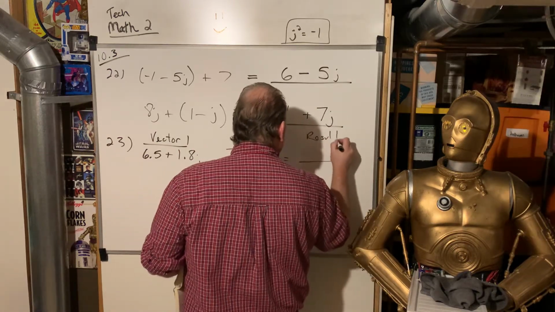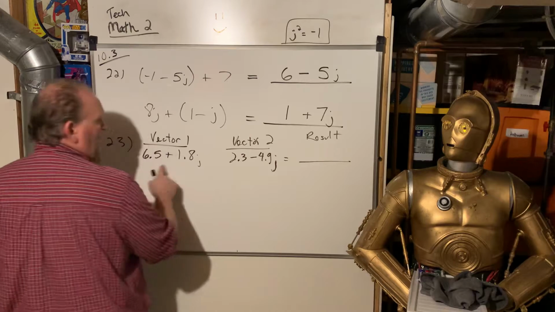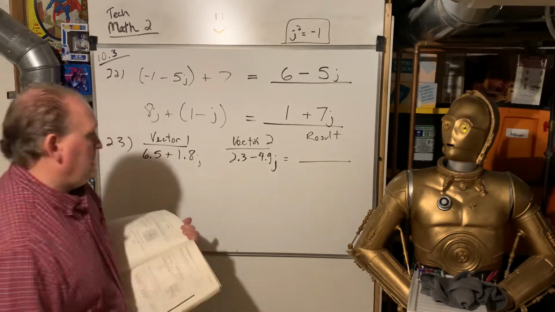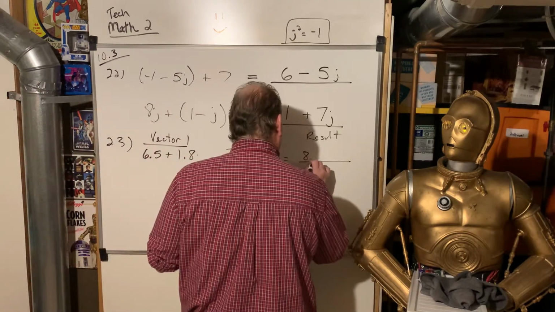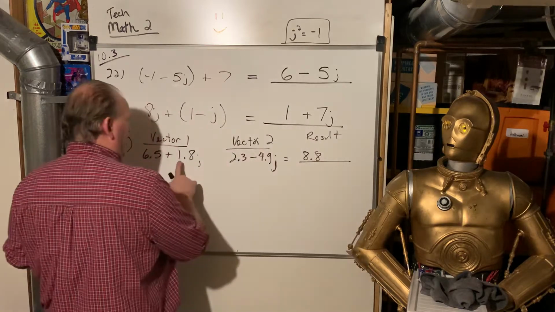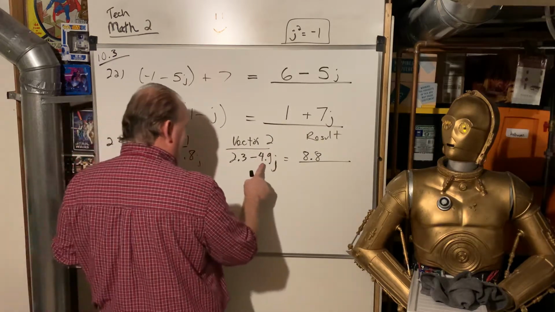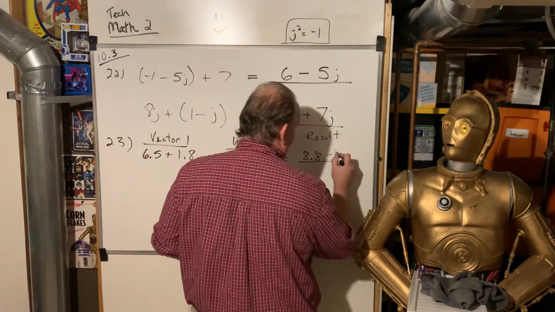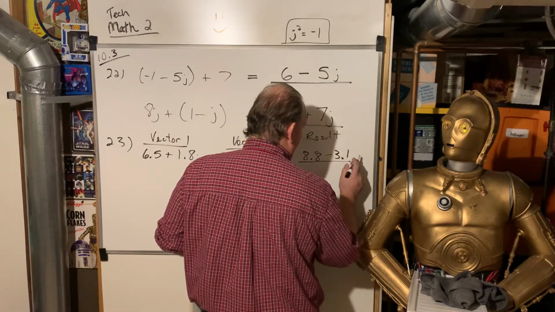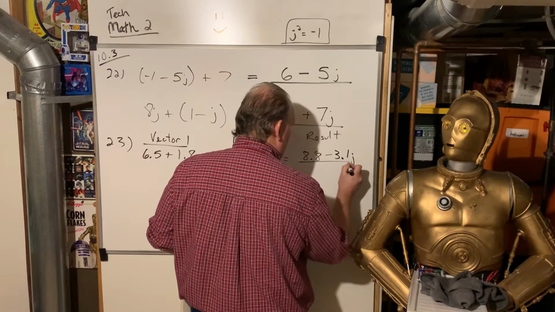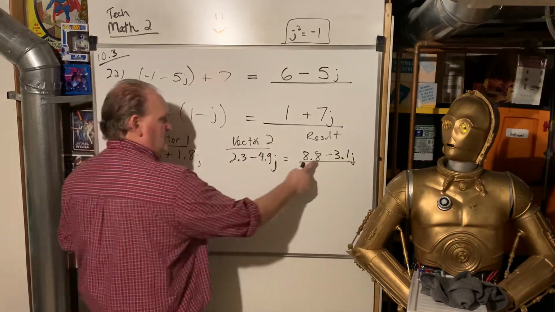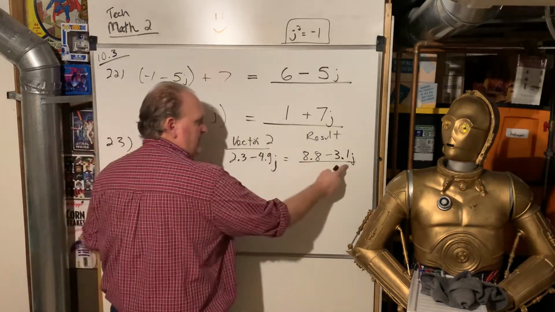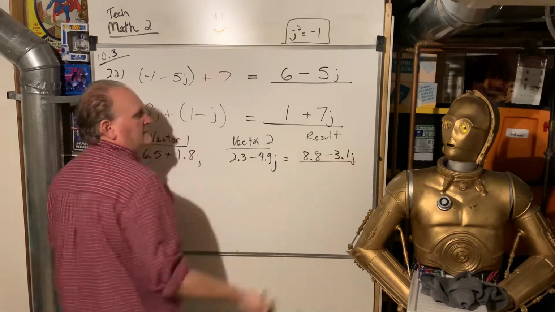You're just adding them together. So 6.5 plus 2.3 is 8.8. And positive 1.8 and negative 4.9 is negative 3.1. And that's got a j on it. So we just added the numbers with the numbers and the variables with the variables, and you're done.